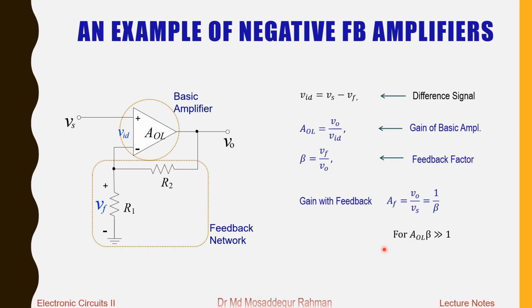So even for a practical op-amp, in most cases this will be true. The product of the gain of the basic amplifier times the feedback factor will be much larger than 1, and the gain with feedback can be approximated as 1 over beta.